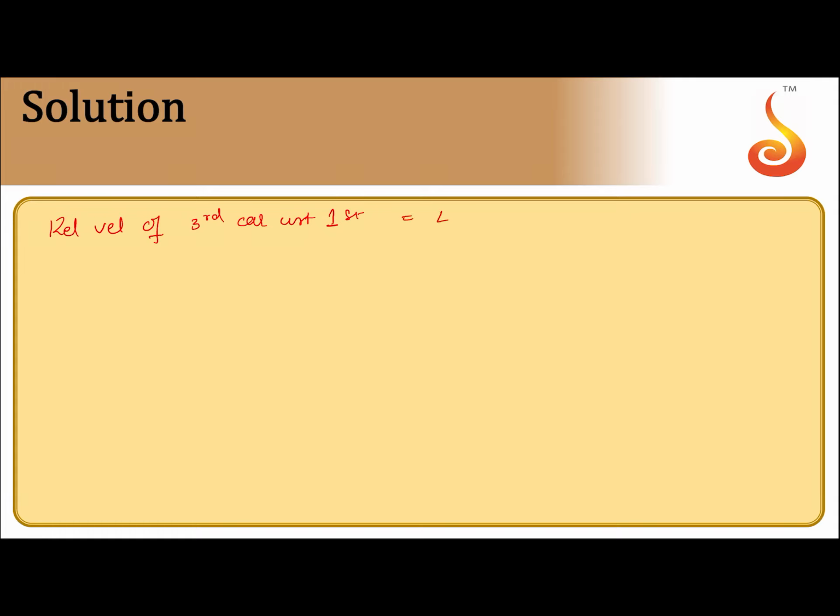This is equal to 45 minus 36, that is nothing but 81 kilometer per hour. So, I write V31 is equal to 81 into 5 by 18, right.